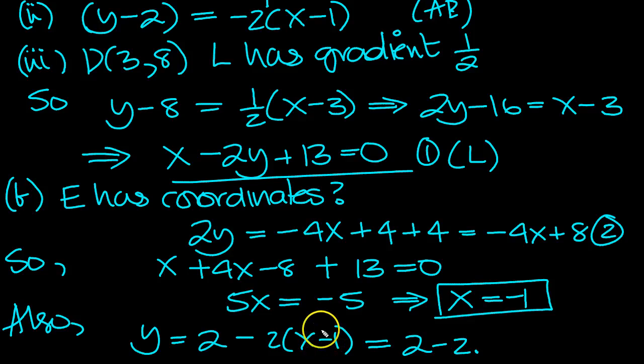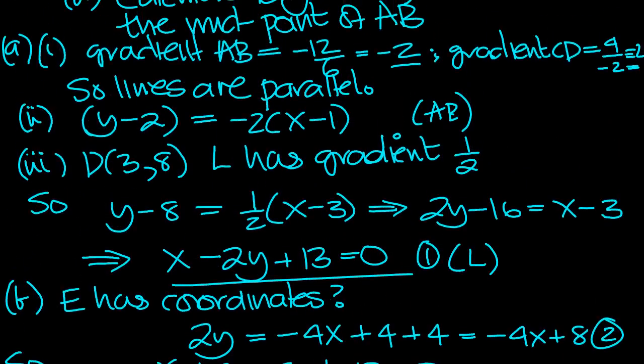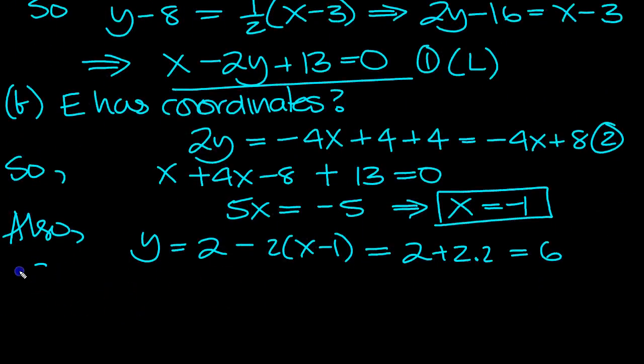Minus 1 in here, that's minus 2 times minus 2, so that will be plus 2 times 2, which is 4, and 2 is 6. So y is 6. So E has coordinates minus 1 and 6. So that was B part 1 then.